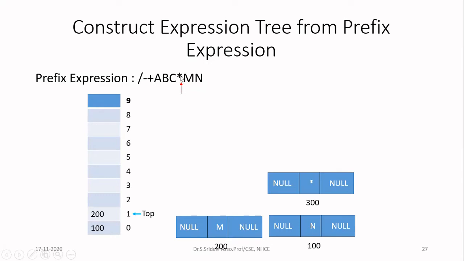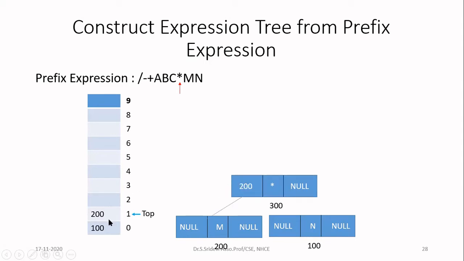It is multiply. It is an operator. When I have an operator, first I need to allocate the memory for the operator. After that, I need to pop two operands from the stack. So first I'm going to pop 200. After I pop 200, I'm going to attach that address as a left child.